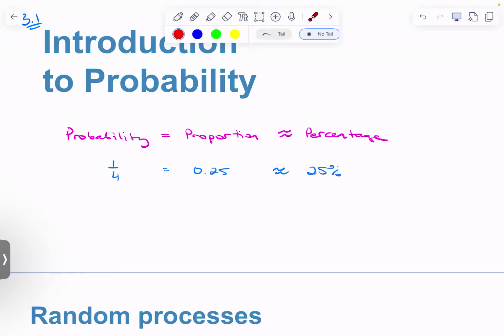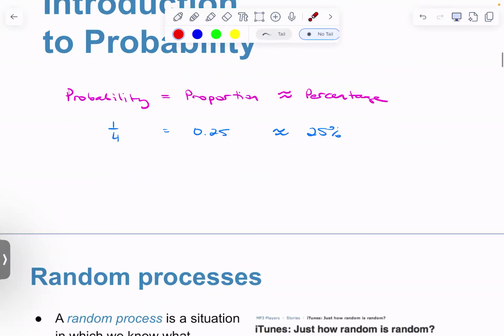So for flipping a coin, there's only 2 options, 2 outcomes. Usually for probabilities, we are dealing with fractions. They don't have to be fractions, and of course, you can just convert them to decimals, totally fine.